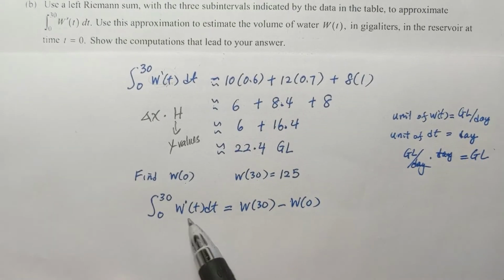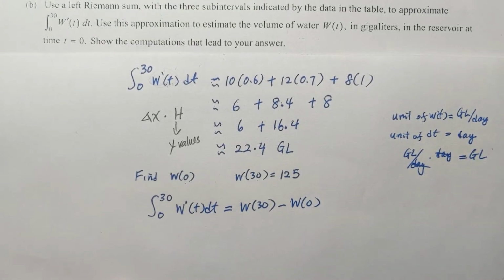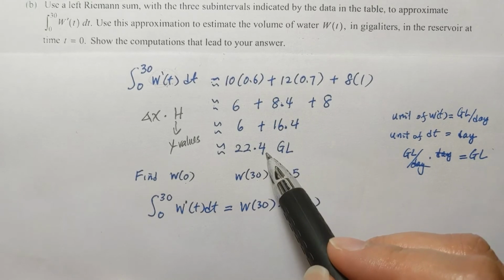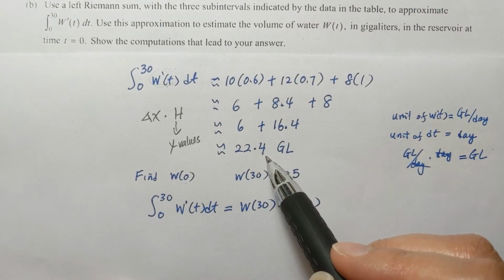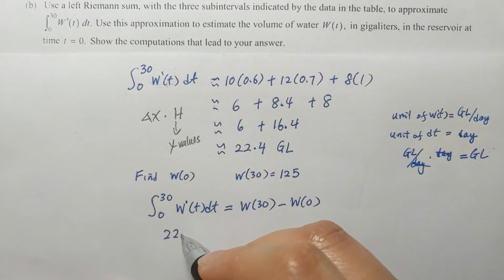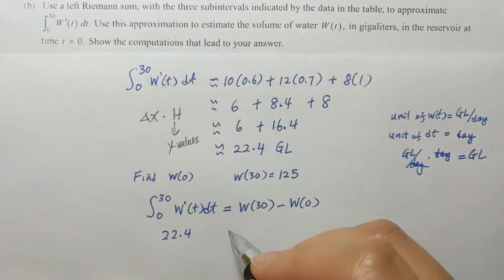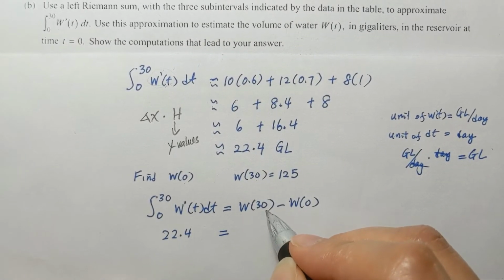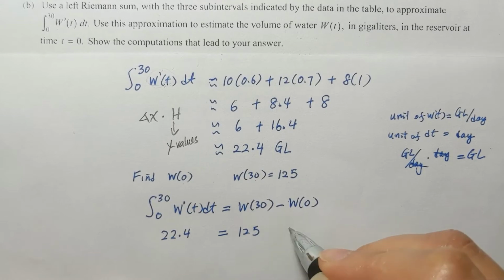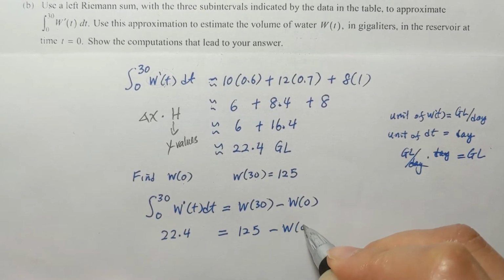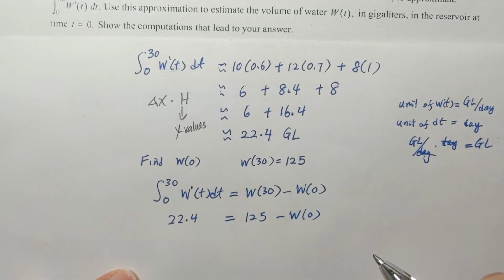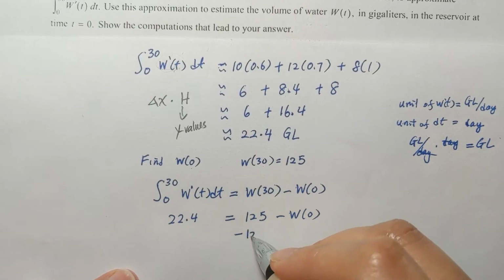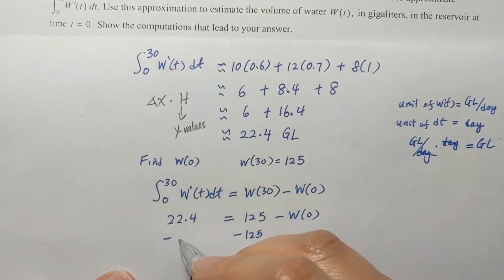Derivative, antiderivative, this is the FTC. So now we are going to use our answer 22.4 to help us get the answer the question asks for. And then W of 30, and then minus W of 0. Now we just solve for W of 0, so we just do our regular computation.